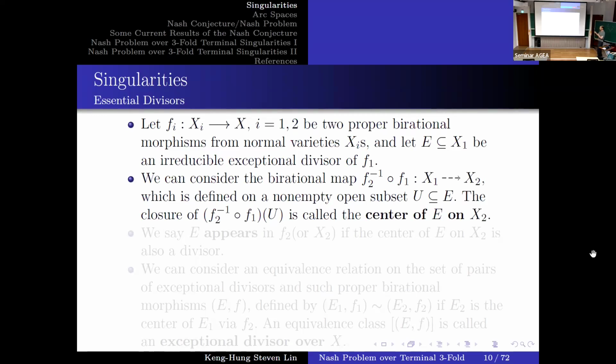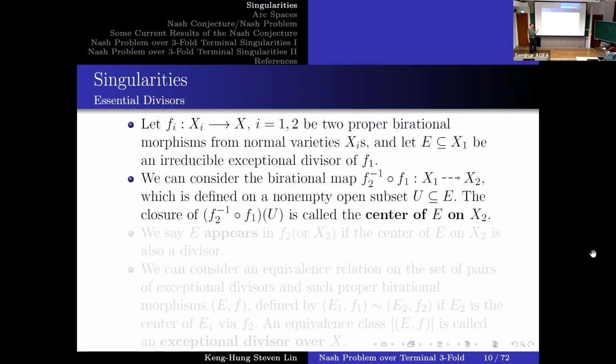Normal means that if you consider the largest open set U making X1, X2 birationally isomorphic, its complement in X1 will have codimension at least 2, which means that the intersection of E and U will be non-empty. So as long as it's non-empty, we can use this isomorphism to transport the intersection of E and U to X2, and then take closures.